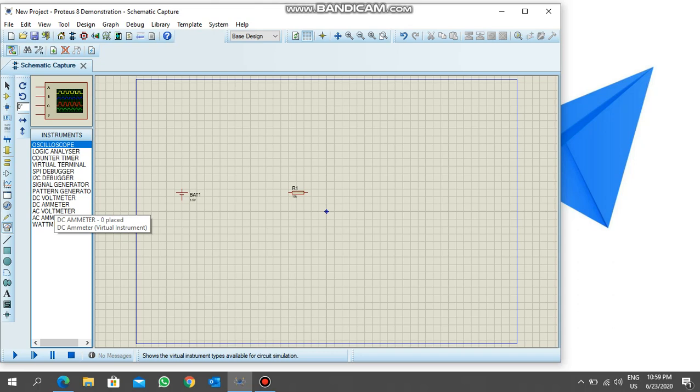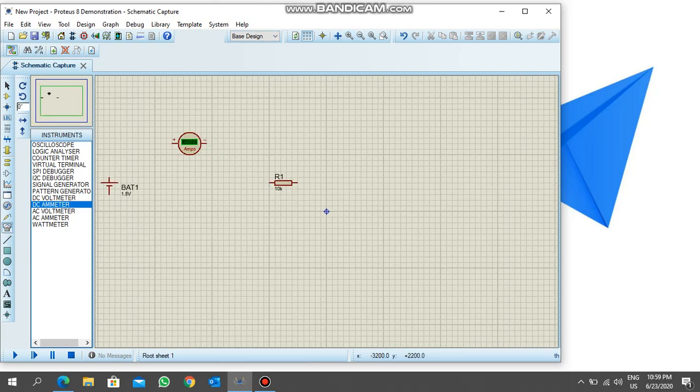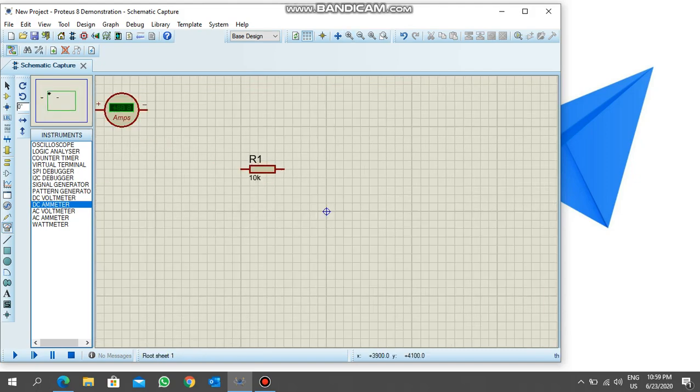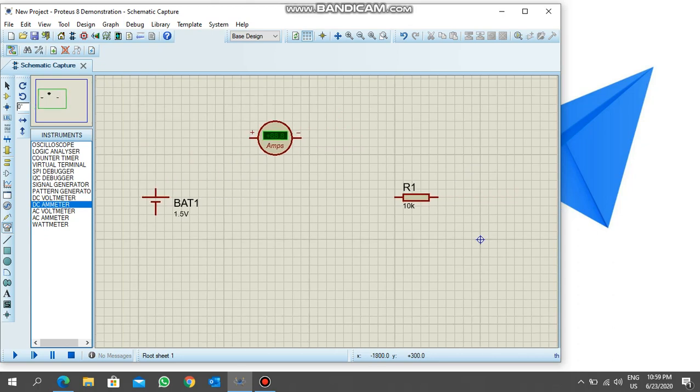So we have to find the current, so we will find the DC ammeter here, and we will keep one DC ammeter here. So let's find the current for our circuit. You can also centralize the circuit from here.